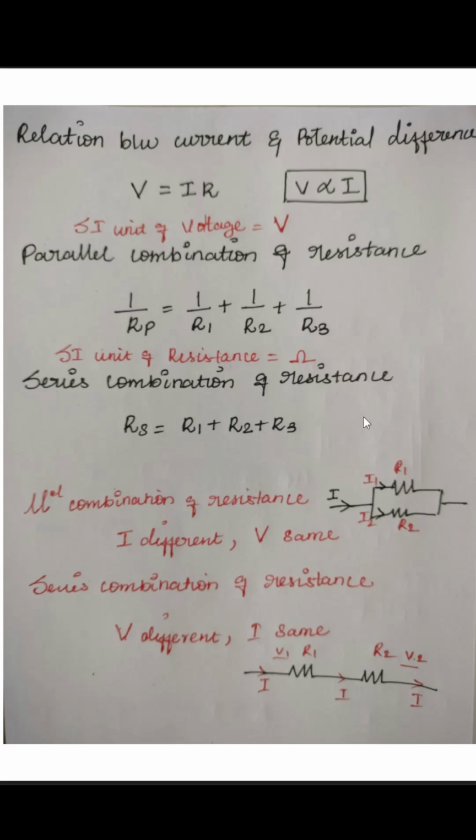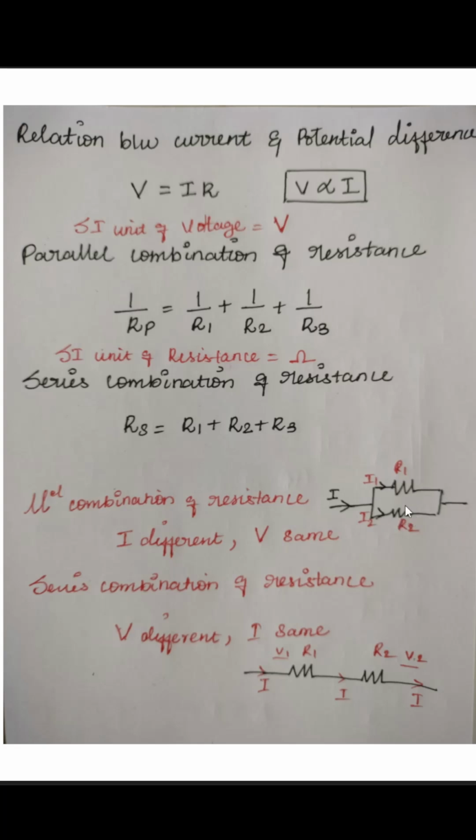When the resistors are connected in series, we need to use this formula: total resistance will be equal to R1 plus R2 plus R3. Also note that when the resistors are connected in parallel, there will be a different current passing through R1 and a different current passing through R2.